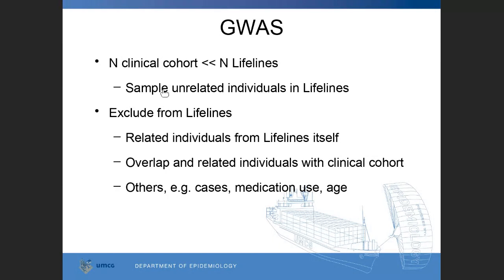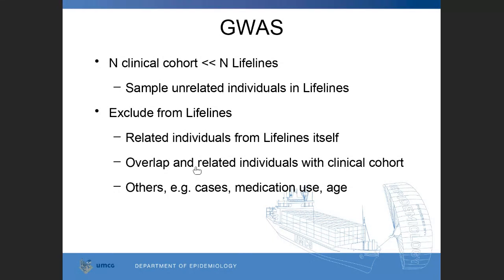So it would be good and efficient to sample unrelated individuals from Lifelines. And then you need to exclude the related individuals from Lifelines itself, which you identify with this determined independent individual script that you worked on in the practical session.